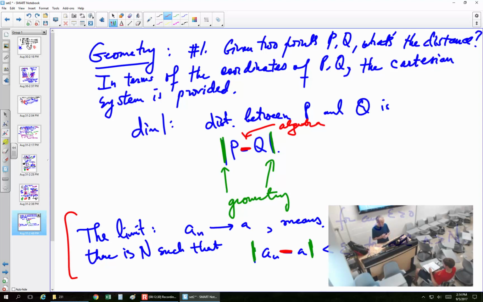In particular, remember what sequences led to in calculus 2? What's the point of sequences? Just to study series. And what's used for series? Oh, integration?